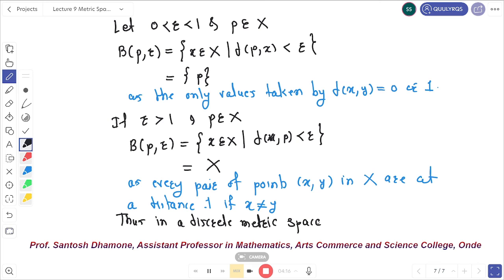Here, P is equal to (0, 0) and R is equal to 1. Radius is 1.